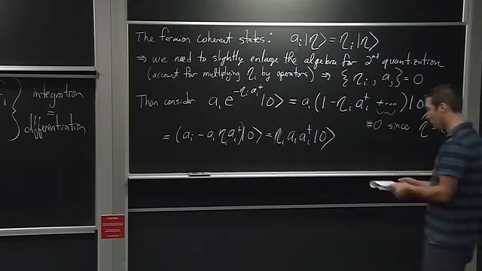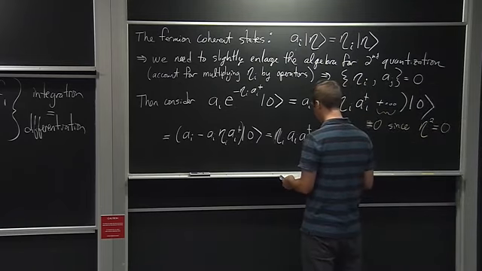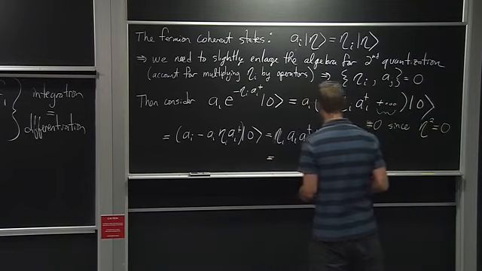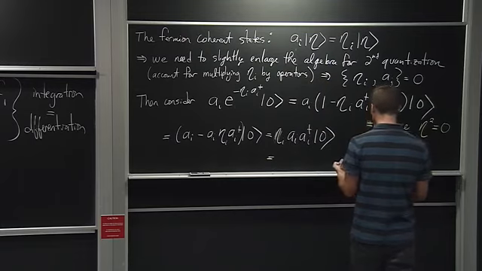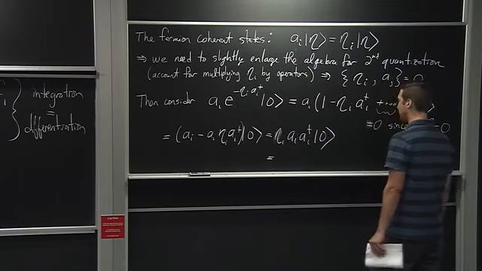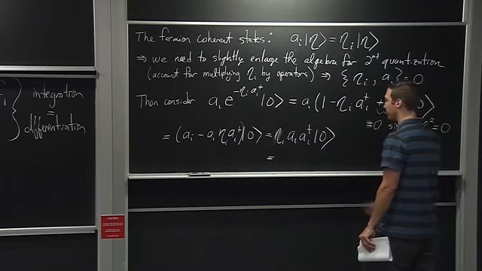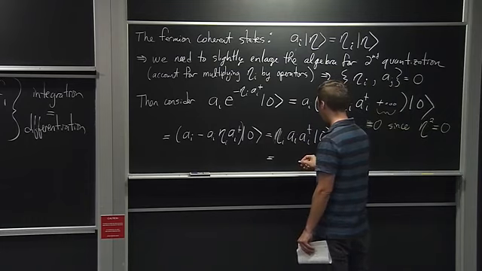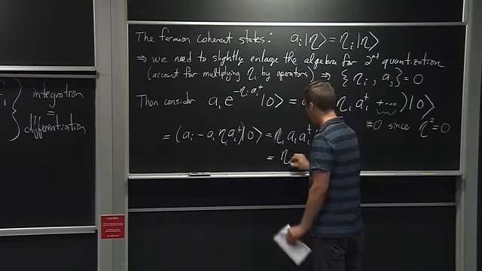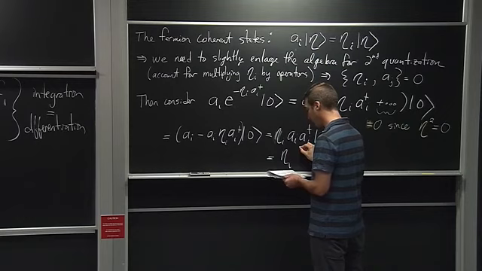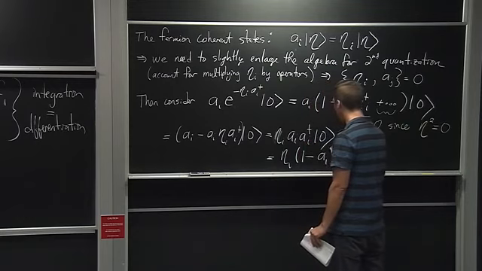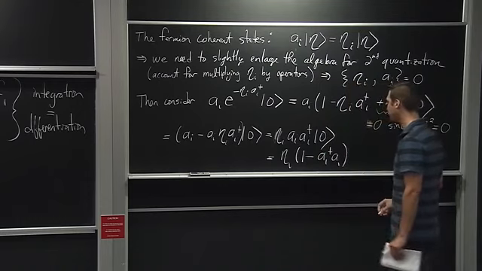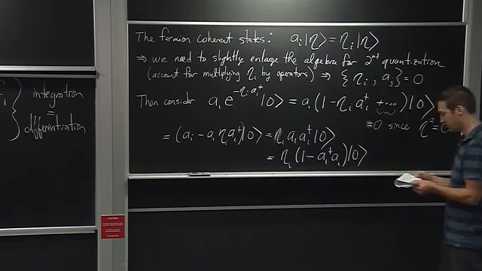Now I can write this, A dagger operating on the state. I don't know if it helps me that much. If I reverse the order of these two things, then I get the fermion anticommutator, which is delta ij, but the indices are the same. Then I should get something like 1 minus A_i dagger A_i.